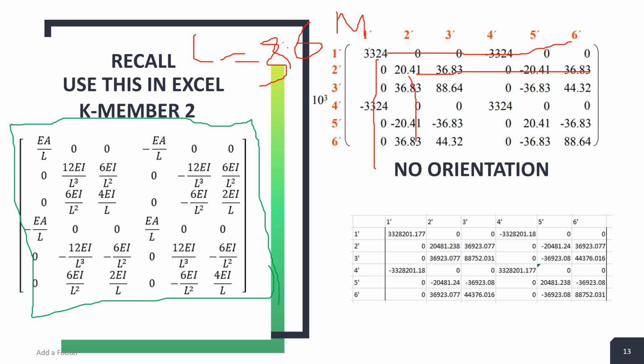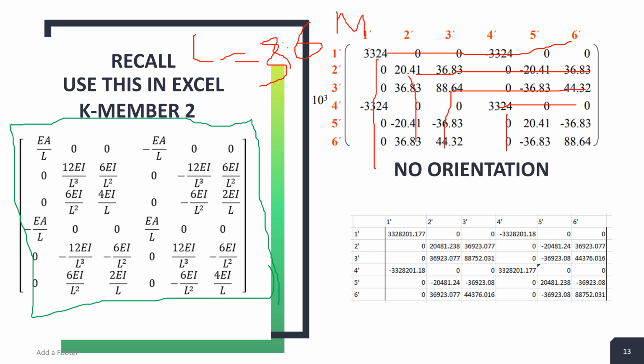But here you need to also pay attention: it is only symmetric before it is transformed. After the matrix is transformed to a different orientation, the assumption of symmetry is no longer valid. So we can only check the symmetry here, and because you have not transformed it, it is symmetric.